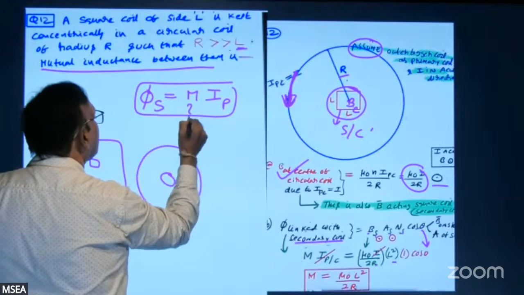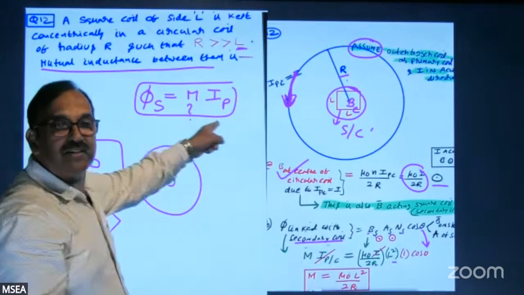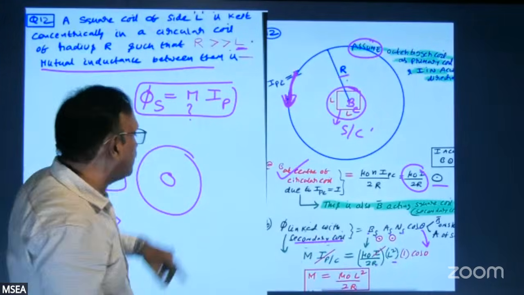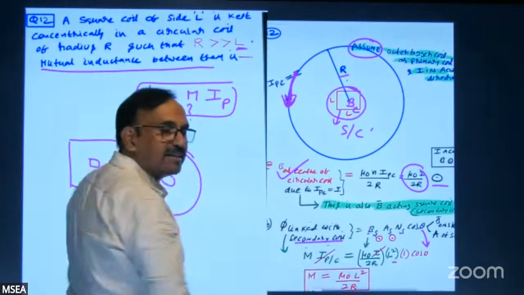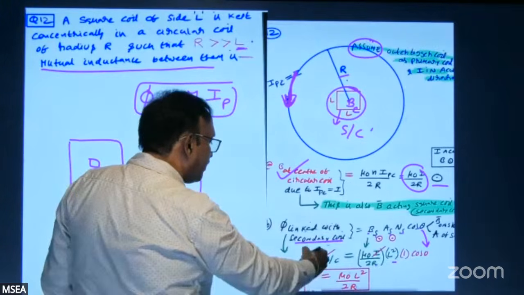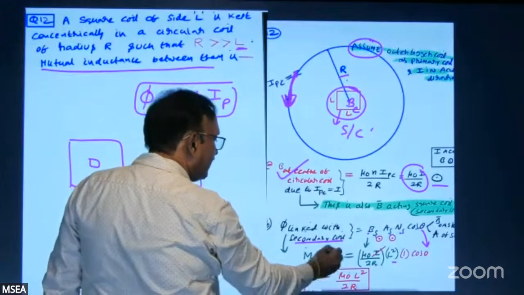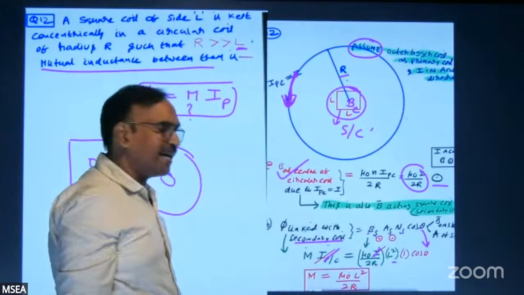This is how we calculate mutual inductance, using this simple formula. Current flowing through the primary coil is I, and this I naturally gets cancelled.